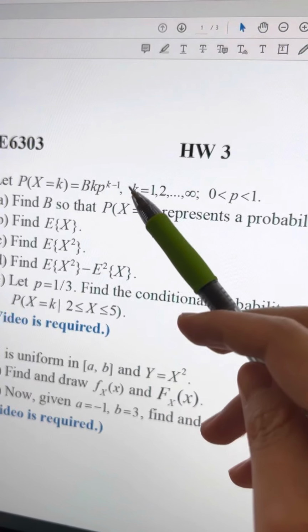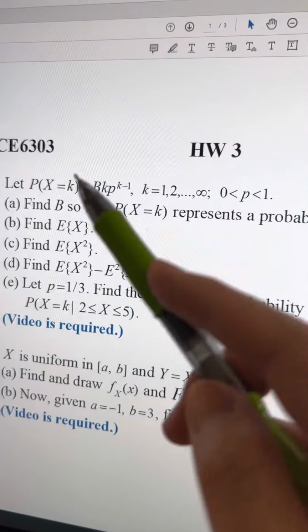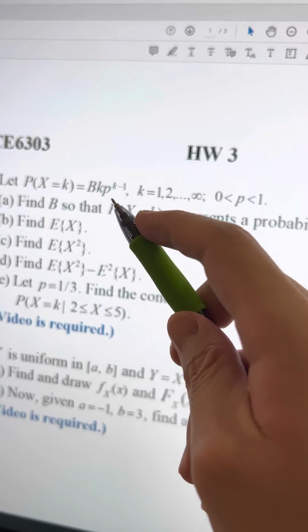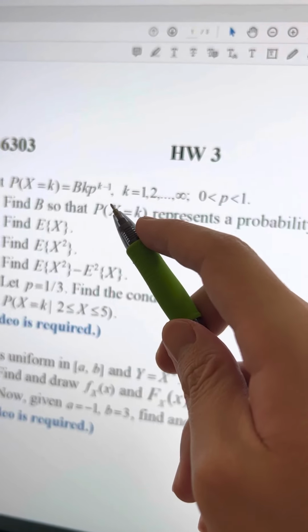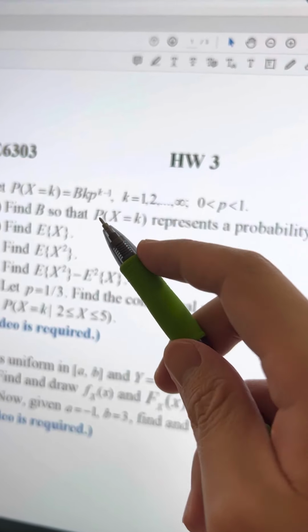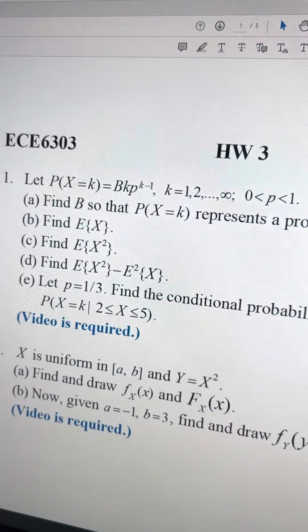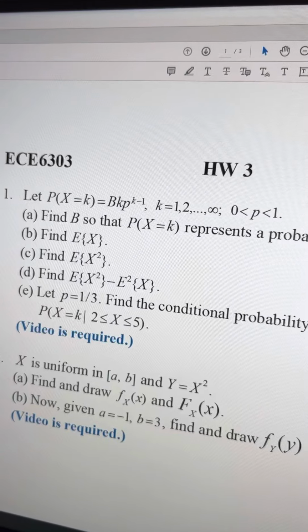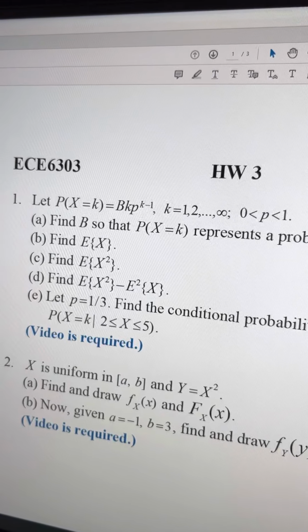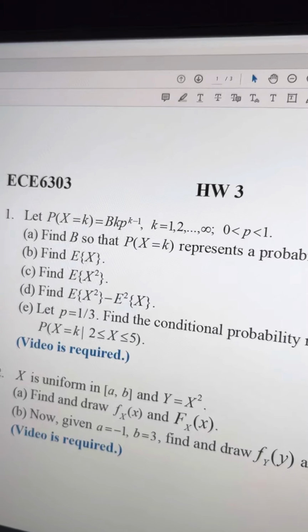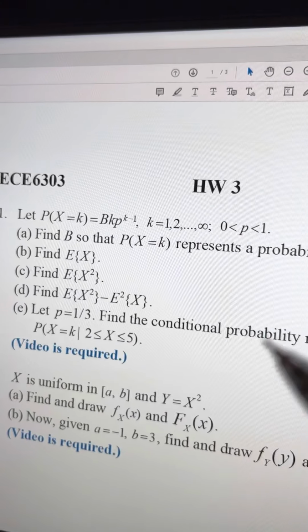We can solve this by using a trick. We notice that p to the power k, if we differentiate it, we can get k multiplied by p to the power k minus 1.